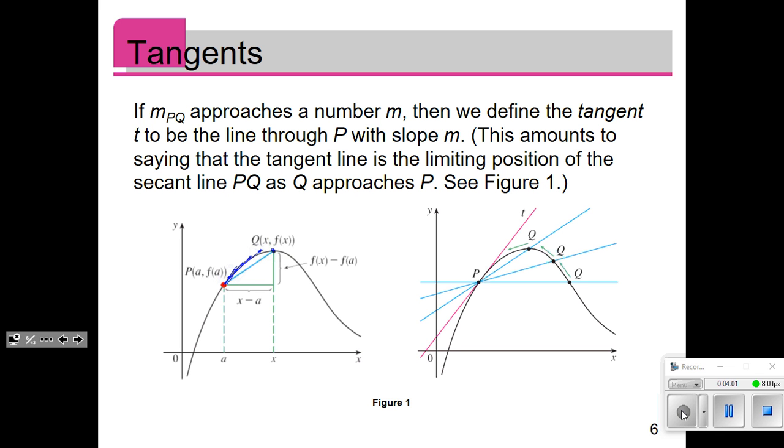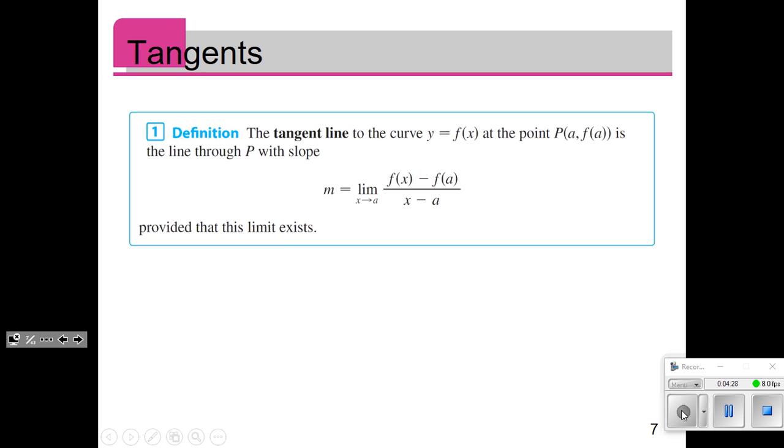You can see, if this is my P and this is my Q, as Q moves and I get closer and closer to my point P, what's happening to the slope of my tangent line? As Q moves along the curve and gets closer to P, what's happening to the slope of my tangent?